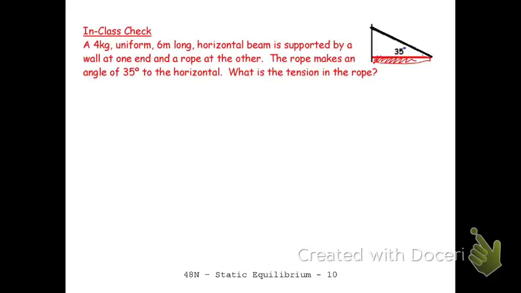We know it's a 4 kilogram uniform 6 meter long beam. Now, torques require forces, so I'm going to immediately go from 4 kilograms to 40 newtons. And I'm going to put it in the middle of the beam because it's a uniform beam.